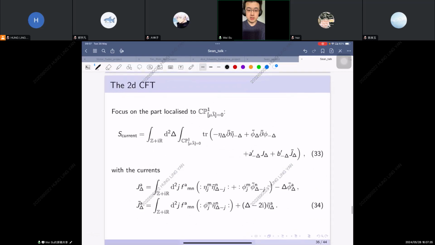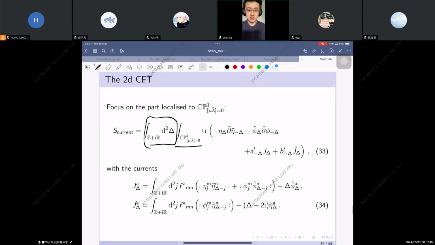So this is the one for self-dual Yang-Mills. It's some sum over the mode number delta, and then an integral over this particular CP1. So there are these on-shell free fields, off-shell free fields, eta tilde, phi tilde, and here these two terms are their connected terms.